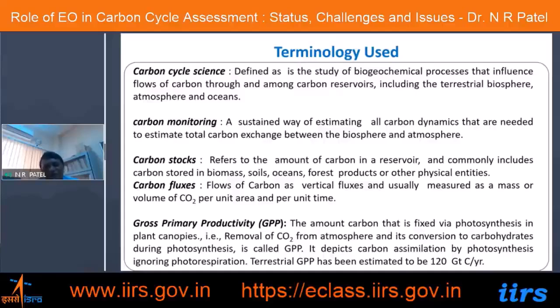It also depicts carbon assimilation in the plant canopies, including respiration, photorespiration. Terrestrial GPP has been estimated, as I already told, on an average around 121 to 122 petagram carbon by 2010, on a global scale.